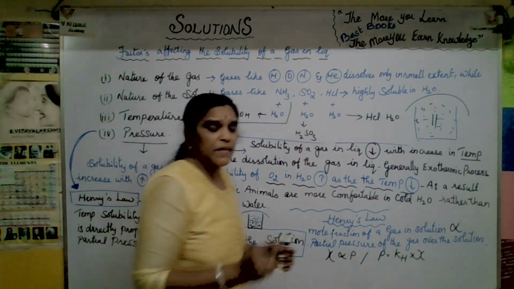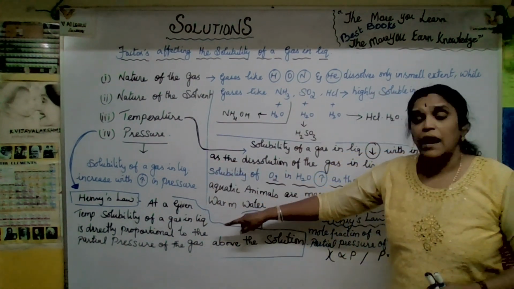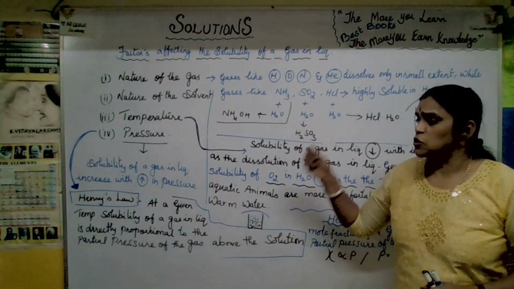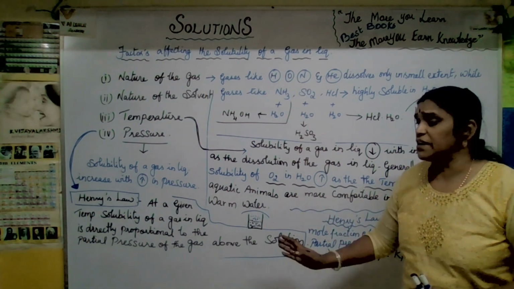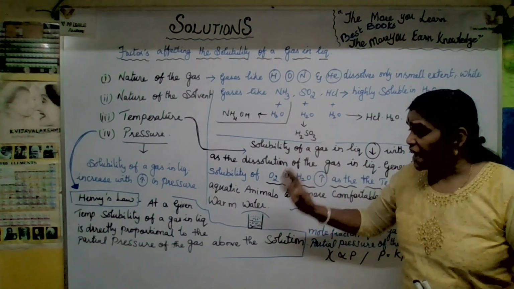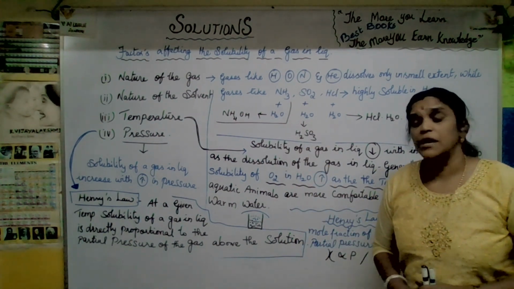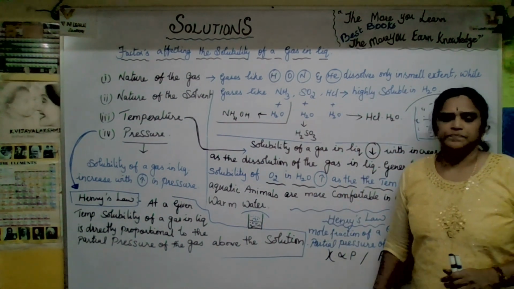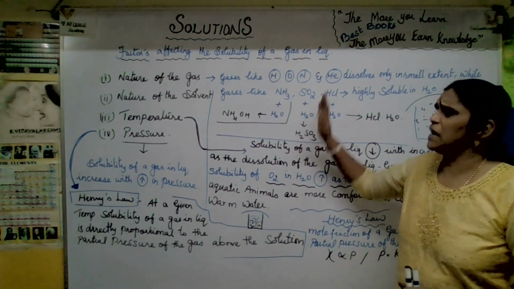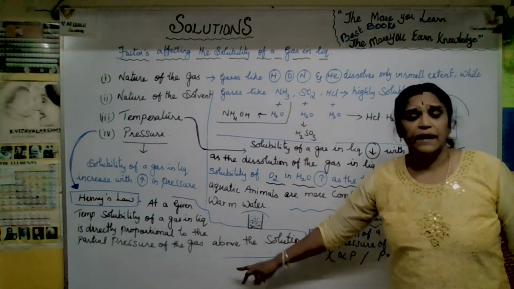And from the solubility of a gas in liquid, what law did we get? Henry's law. So what does Henry's law state? Henry's law states that at a given temperature, the solubility of a gas in liquid is directly proportional to the partial pressure of the gas above the solution. Hope you got a better idea about the factors affecting the solubility of a gas in liquid and Henry's law.